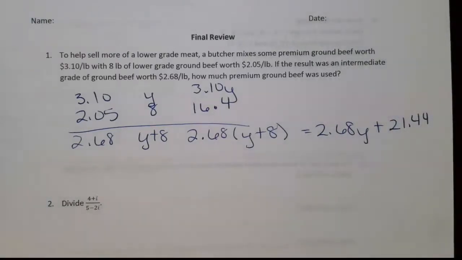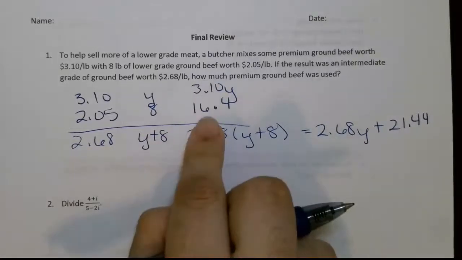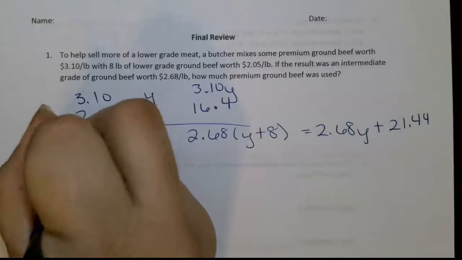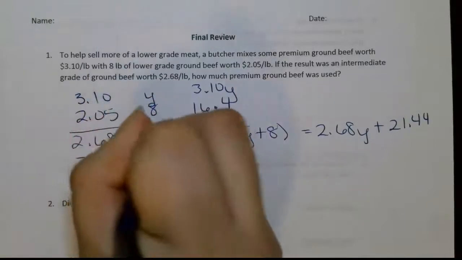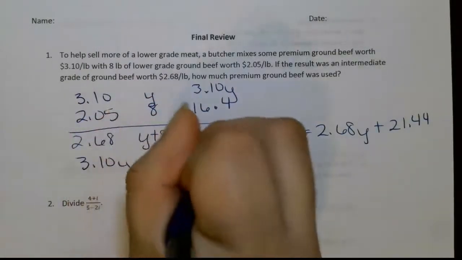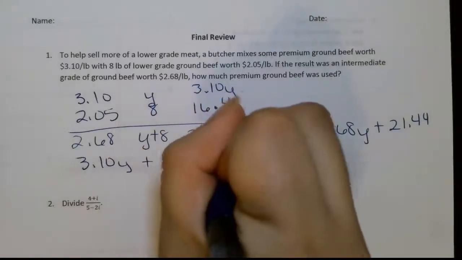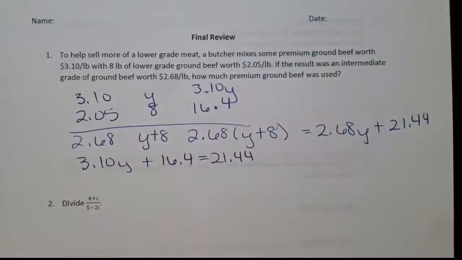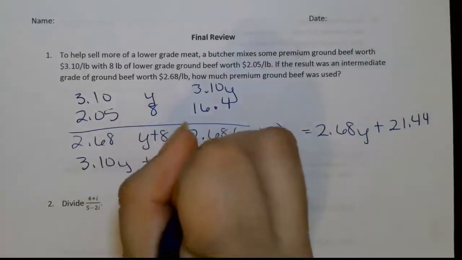So what I want to do is set it up so that I have an equation. I'm going to add the column to equal that. So I have 3.10y plus 16.4 equals 21.44. What I first want to do is start off by subtracting 16.4 from both sides.